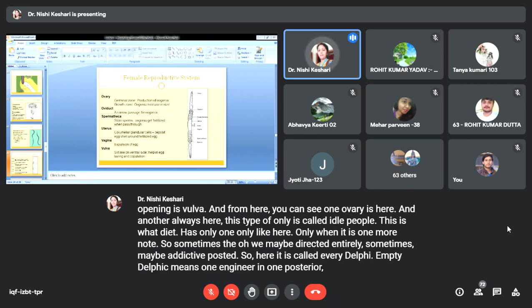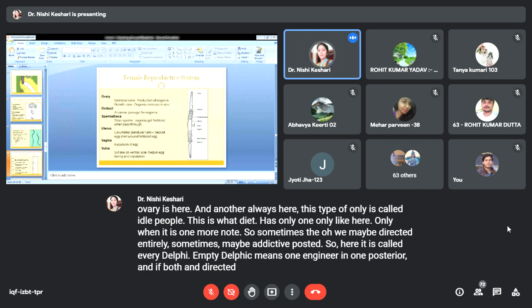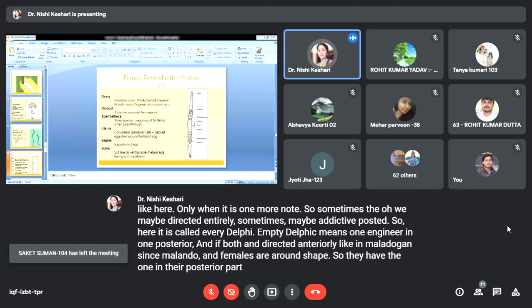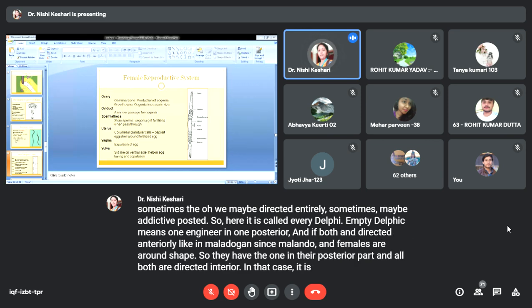And if both are directed anteriorly, like in Meloidogyne, since Meloidogyne females are round in shape, they have the vulva in their posterior part, and both the ovaries are directed anteriorly. In that case it is prodelphic and didelphic.